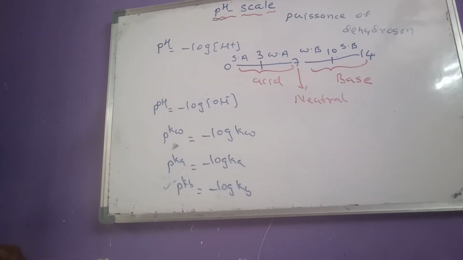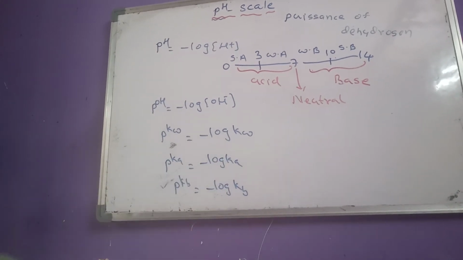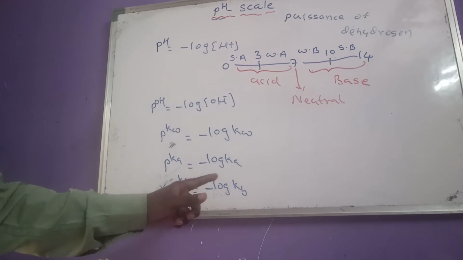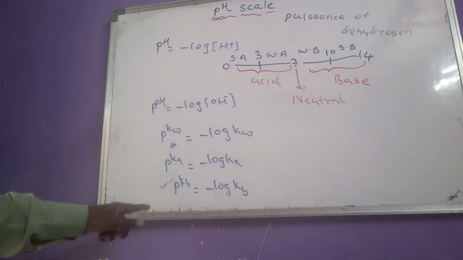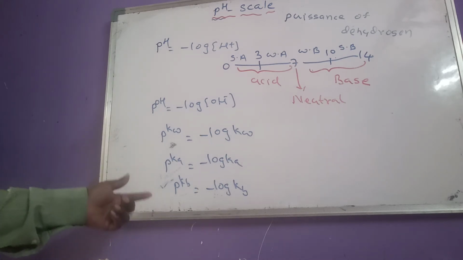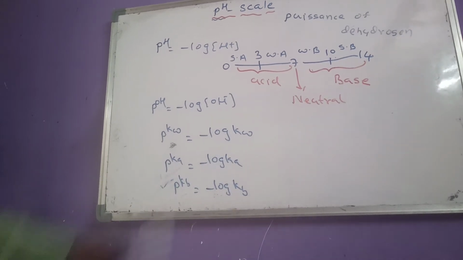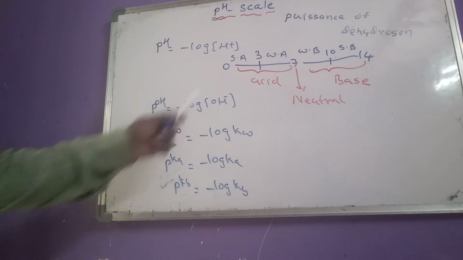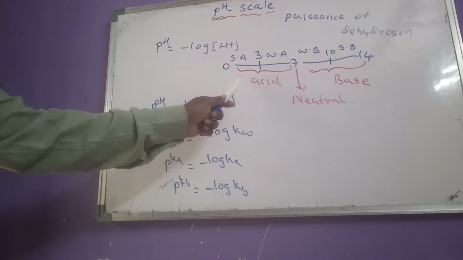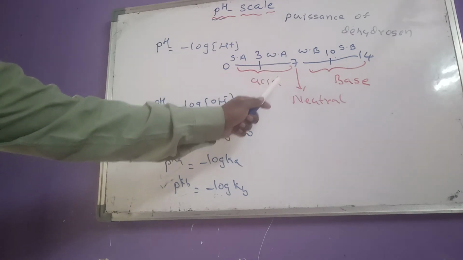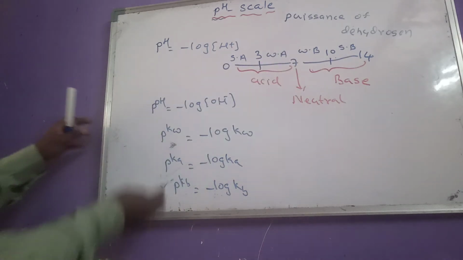What are Ka and Kb here? Ka is the dissociation constant of an acid. Kb is the dissociation constant of a base. So like this we have to calculate pH, pOH, pKw, pKa and pKb values using these expressions. And let us remember this: 0 to 3 range is called strong acid, 3 to 7 weak acid, 7 is neutral, 7 to 10 weak base, 10 to 14 strong base.